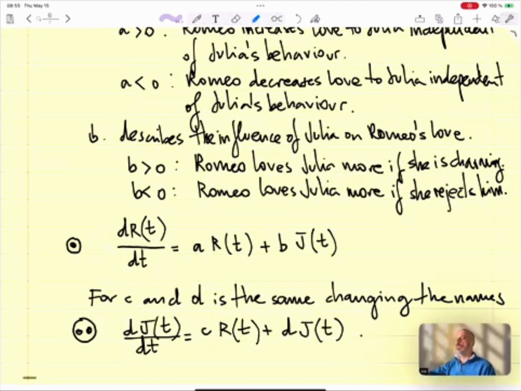This is described by D. If D is positive, she's going to fall in love with him. If D is negative, she's going to start hating him without him doing anything. Okay? Does it make sense?